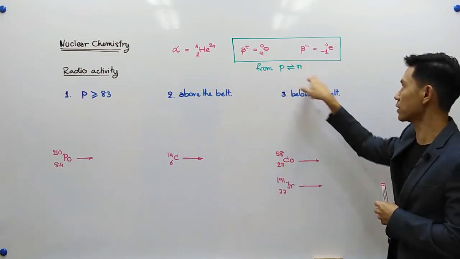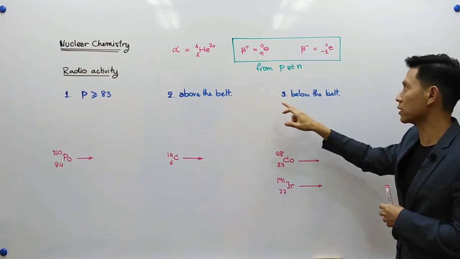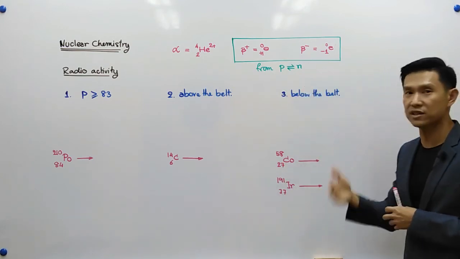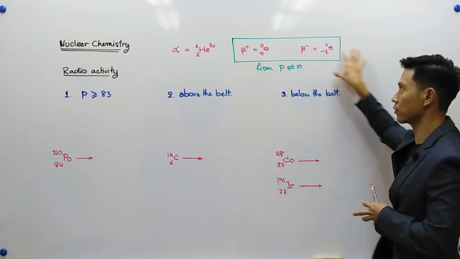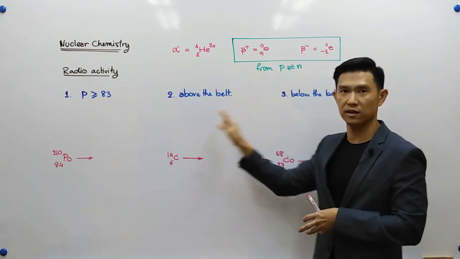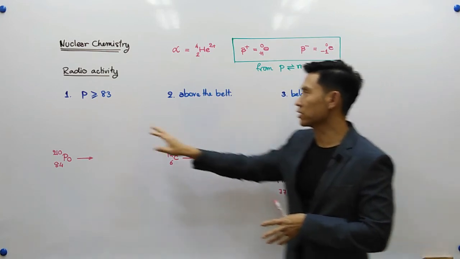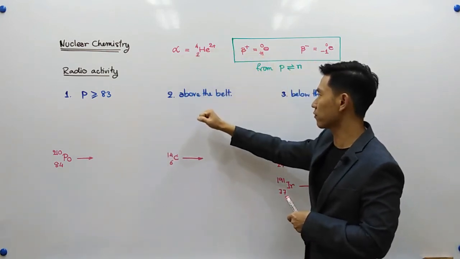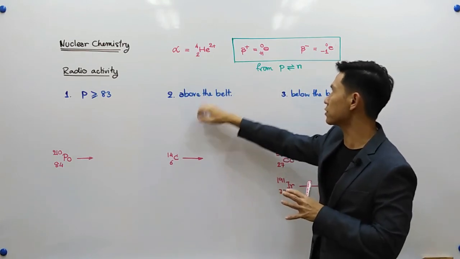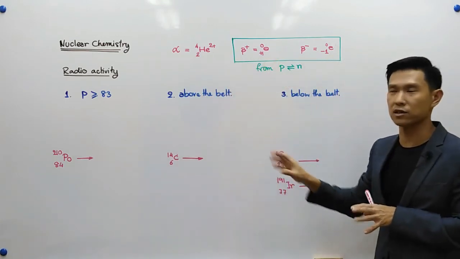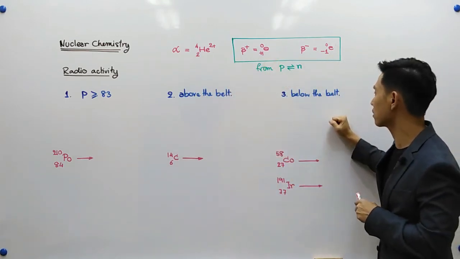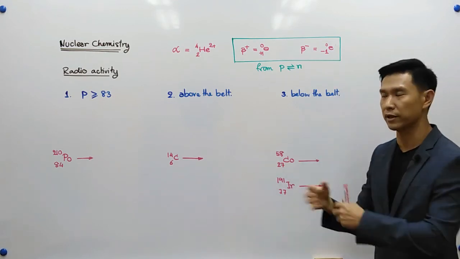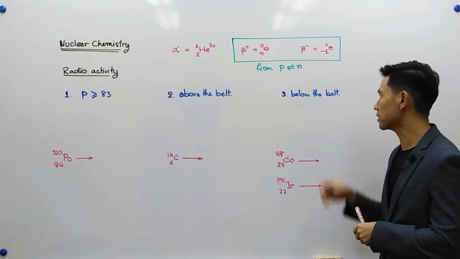Which one belongs to which direction, forward or backward? You have to guess and then put it back here. The reasons for these three kinds of radiation are in here. If protons are higher than 83, what shall happen? If your nucleus is above the belt, what kind of radiation shall happen? And if your nucleus is below the belt, what kind of radioactivity can be found?